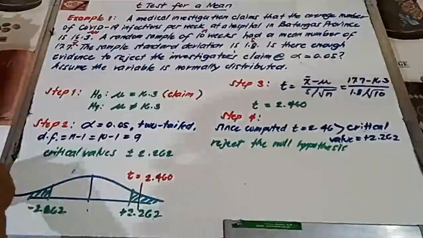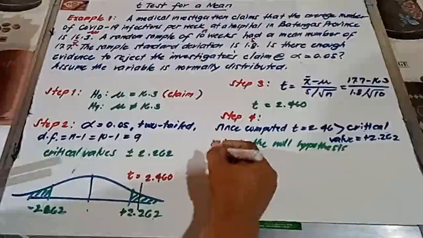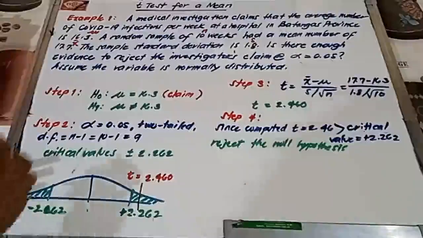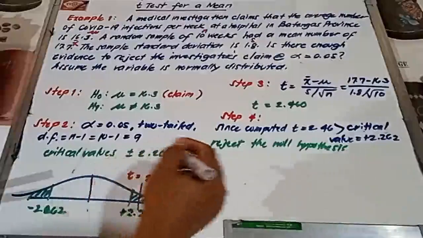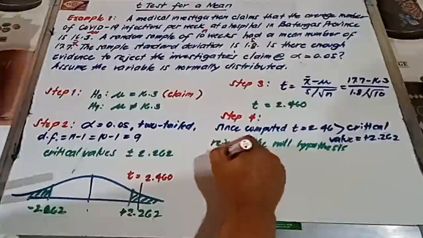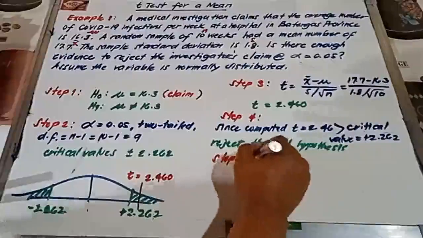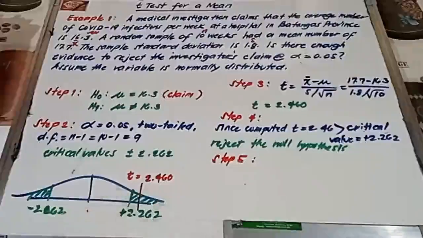Okay? And if we reject the null, we have now step number 5. We're going to summarize the result. So what is our conclusion?